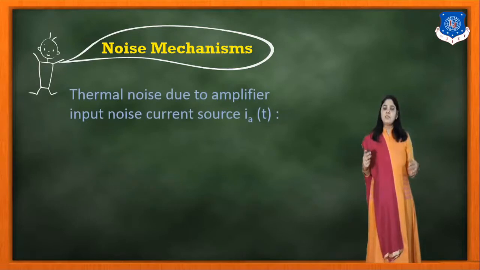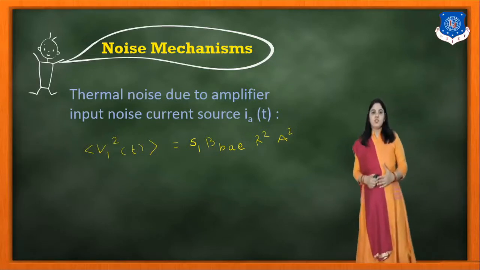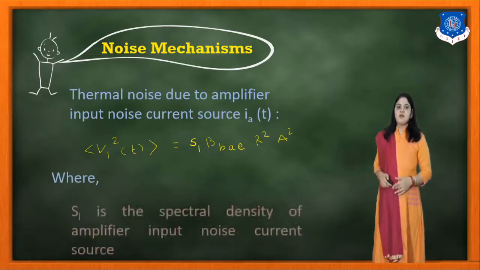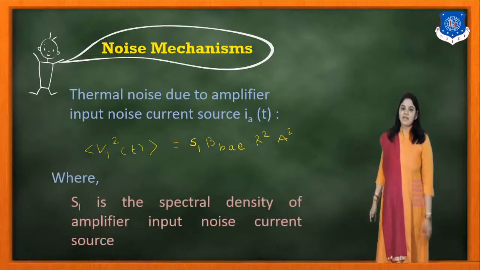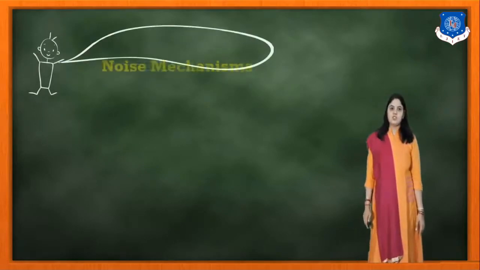Now the noise due to the amplifier input noise current I_A(t): V²_I(t) is equal to S_I times B_NE times R² times A², where S_I is the spectral density of the amplifier input noise current source.